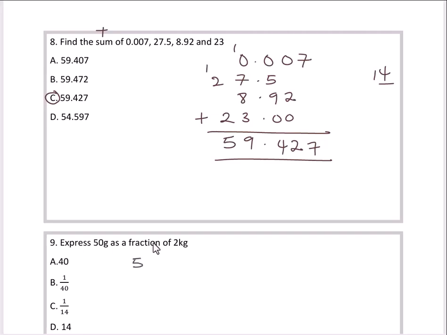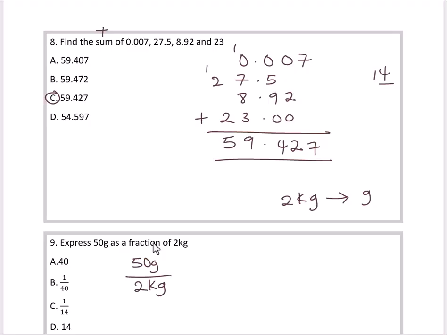For question number 9, express 50 gram as a fraction of 2 kilograms. What we have to do here is make the units align. Because we have a kilogram here, we'll convert it to gram. To convert 2 kilogram to gram, we know that 1 kilogram makes 1000 grams.